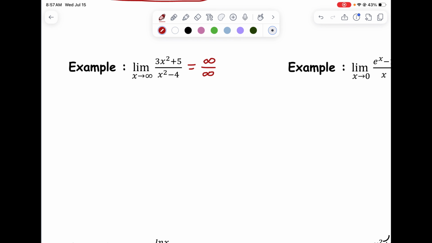Now we're going to take the derivative of the numerator and the denominator. So if we look at the numerator, we have 6x, and then the derivative of the denominator is 2x.